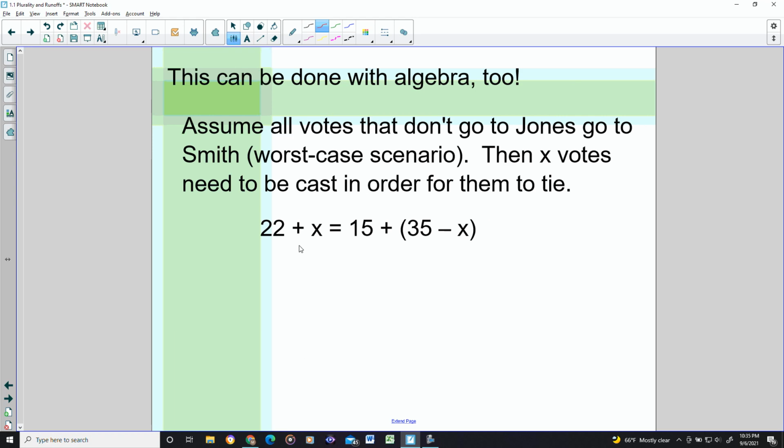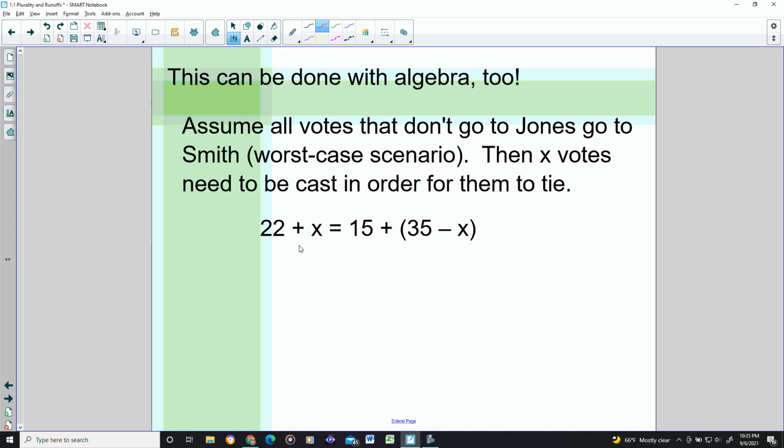Now this can also be done with algebra. Again, worst case scenario, all votes that don't go to Jones go to Smith. Again, because he's the one that's the closest, that's the worst case scenario. If any votes go to the other 2, Brown or Ladd, then Jones would need less votes.